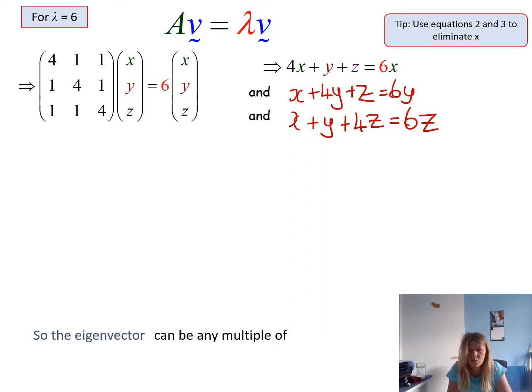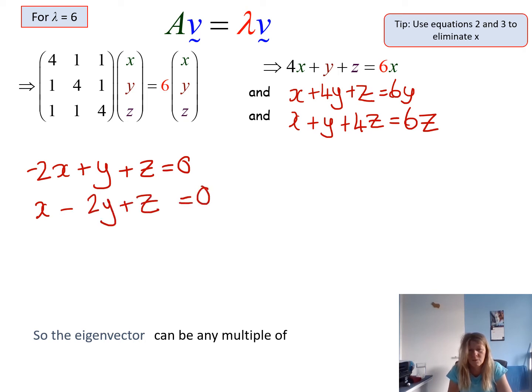So with the first one we've got minus 2x plus y plus z equals 0. We've now got x minus 2y plus z equals 0. So we've got x plus y minus 2z equals 0.